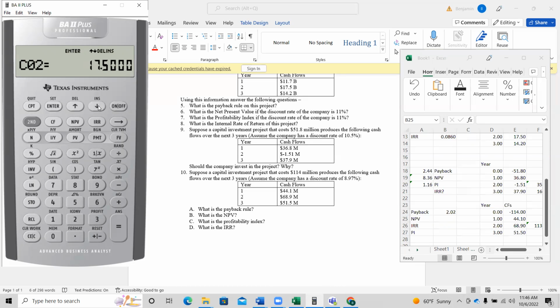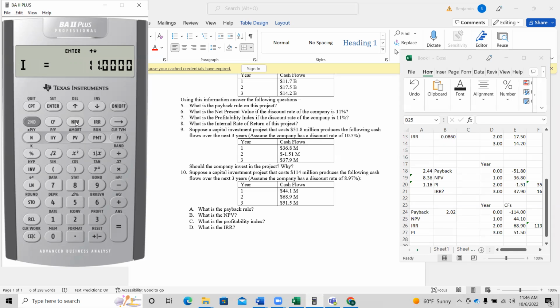My cash flow in year 2 is going to be 68.9. My cash flow in year 3 is going to be 51.5. I'm going to double check all my work. Negative 114 in year 0, 44.1 in year 1, 68.9 in year 2, 51.5 in year 3.